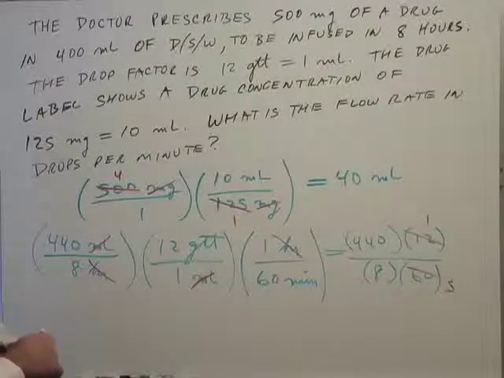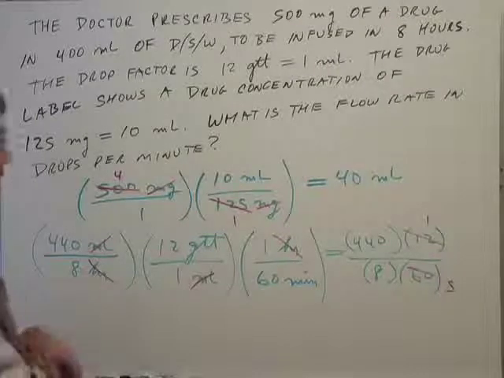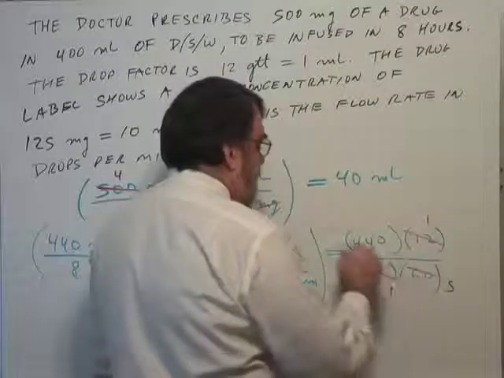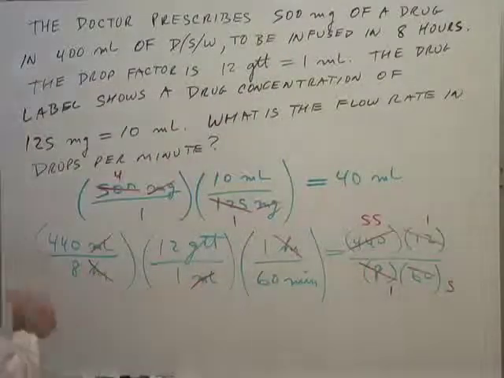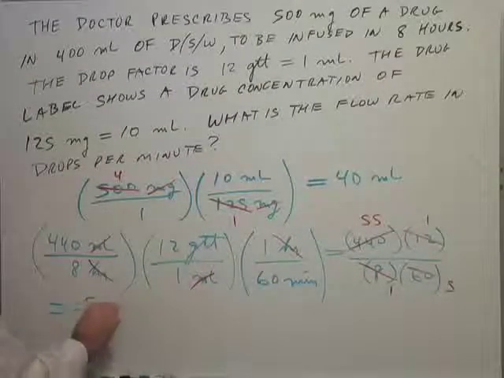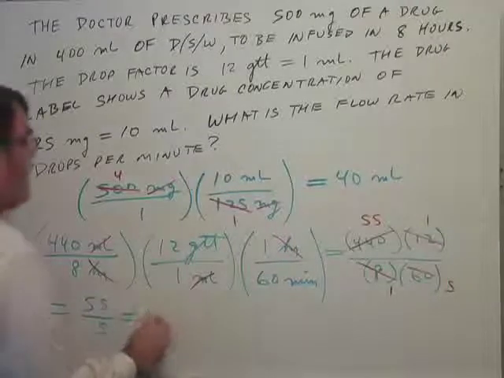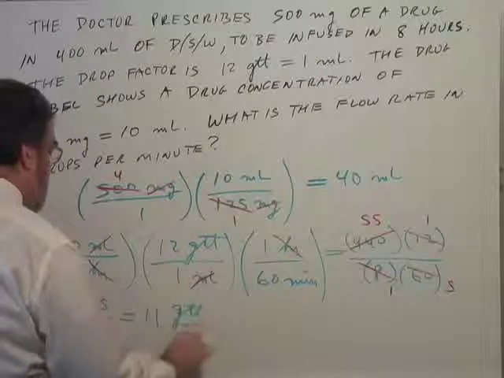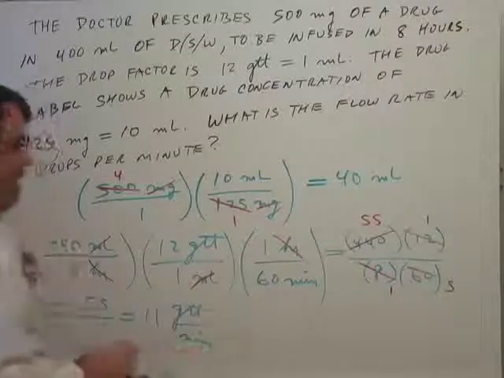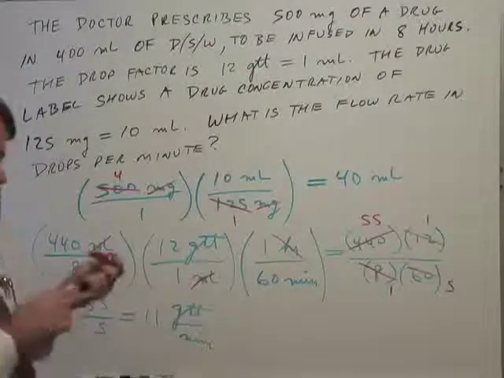I believe that goes 55 times. Yes, that goes 55 times. So I end up with 55 over 5, which is 11 drops per minute. So there's our flow rate we wanted, 11 drops per minute.